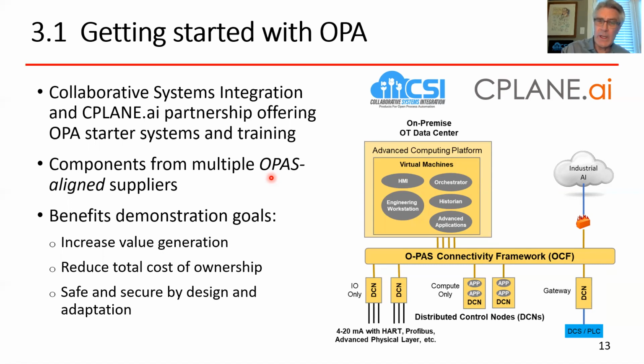What we hope our customers, the end users, will learn from this activity is a tangible demonstration of the benefits of open process automation, which by category will consist of increased value generation, reduced total cost of ownership, and the ability to achieve safety and security by design and adaptation of a system.